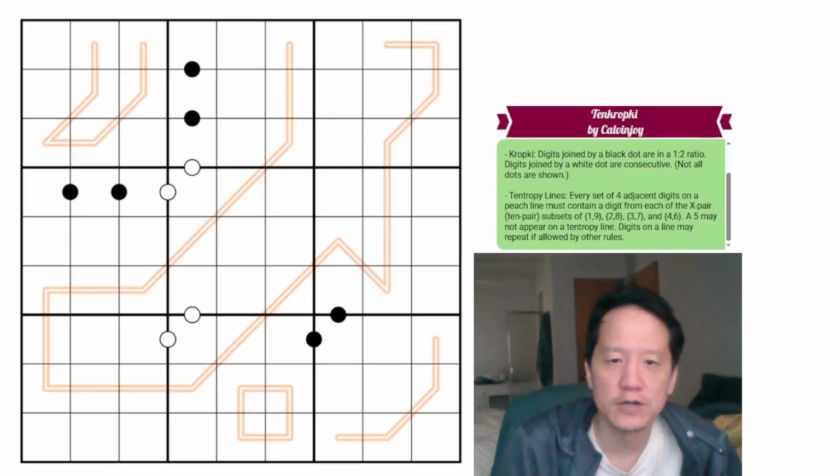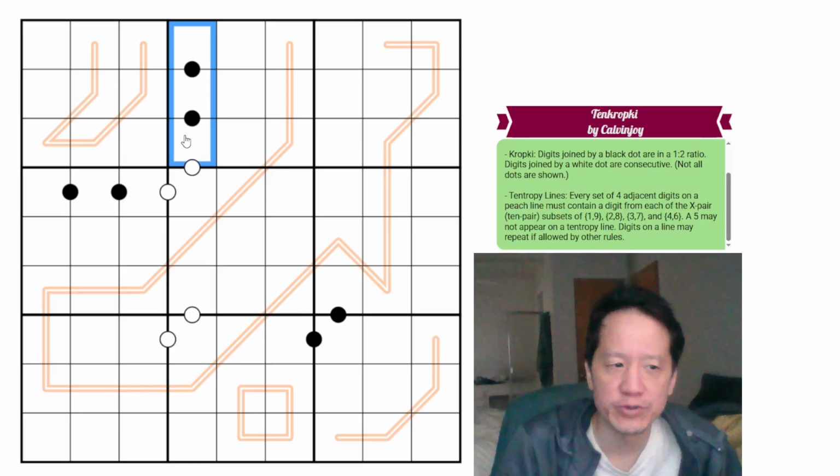Let's go. Okay, so first, let's figure out where all the 5s can be. Well, let's figure out what this has to be. We have 3 digits, all separated by 2 black Kropki dots.